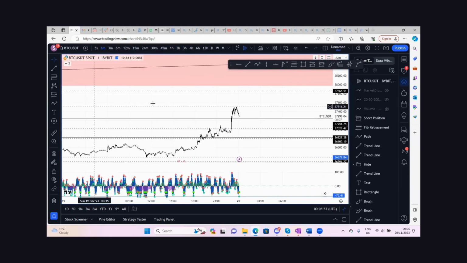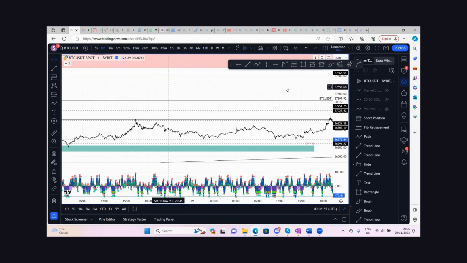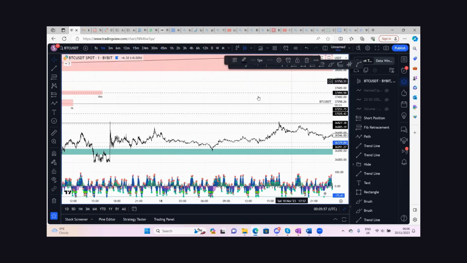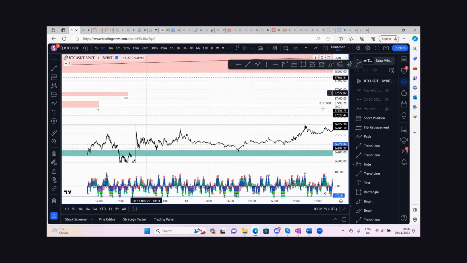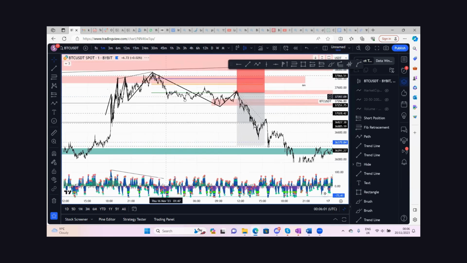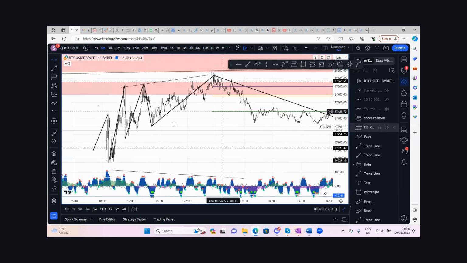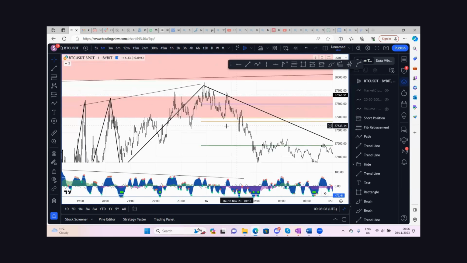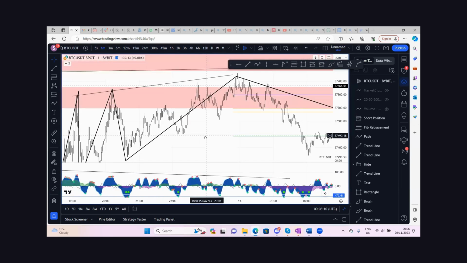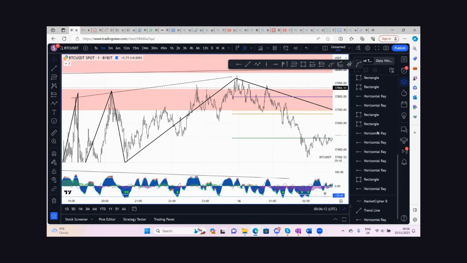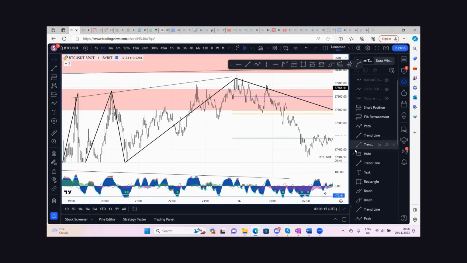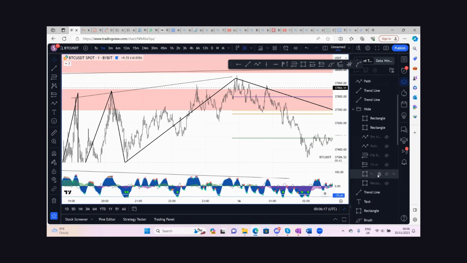So bear with me one moment. Let me just get to that part of our chart. Okay, so we can see here on the 1 minute time frame, if we trace our higher highs and higher lows, we can see exactly what price is doing.